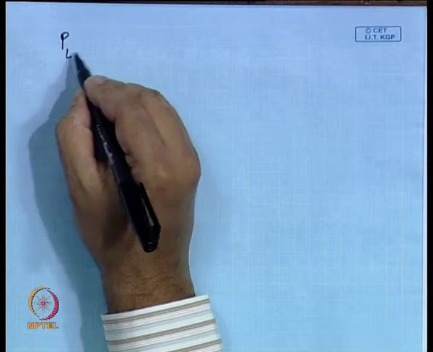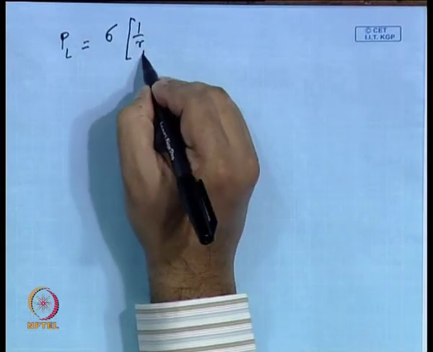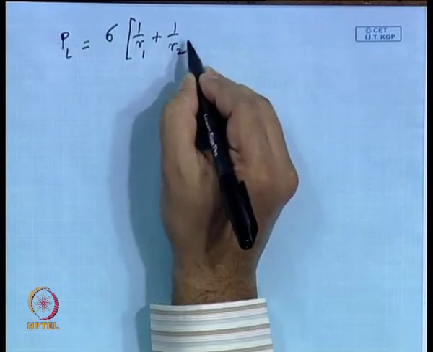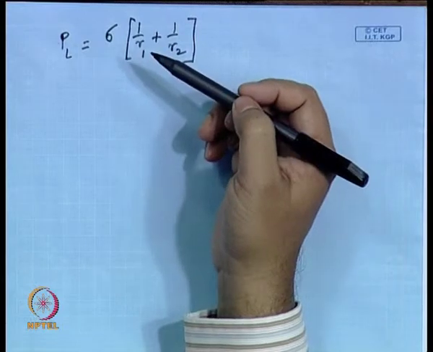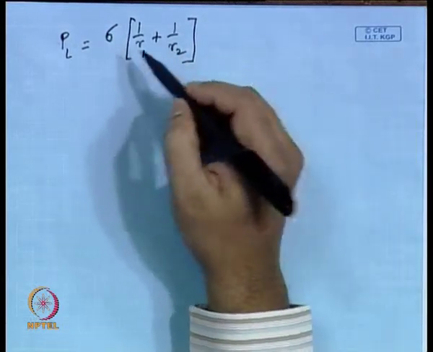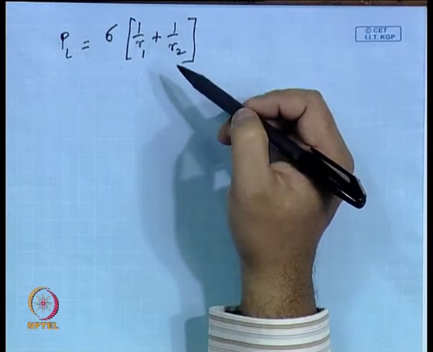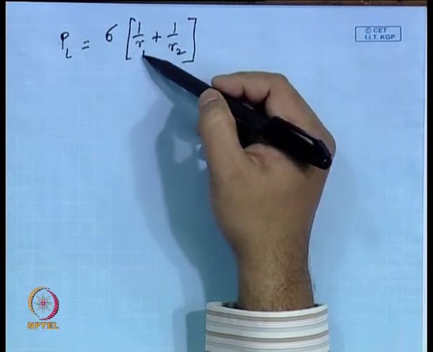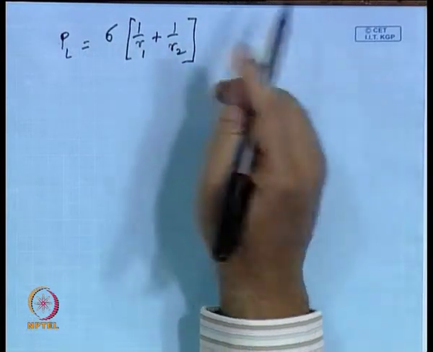So, it should be PL is equal to sigma into 1 by R1 plus 1 by R2. So, earlier you had 2 sigma divided by R, now it should be sigma into 1 by R1 plus 1 by R2. So, 1 by R1 represents the curvature here, all right.